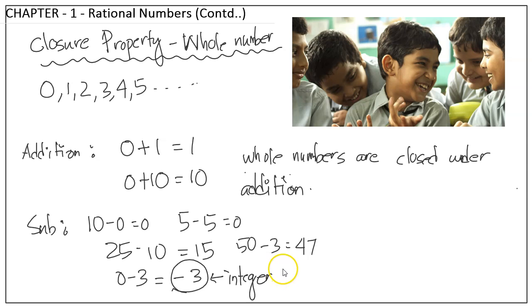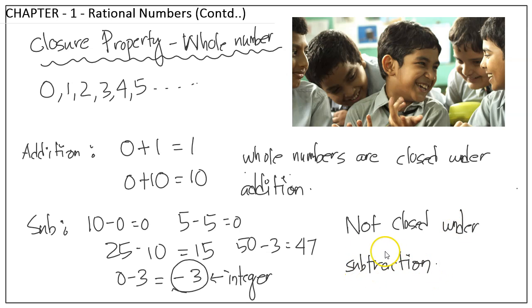So we have to say that the whole numbers are not closed under subtraction. Okay, because when I subtract two numbers, there are cases when I do not get a whole number.